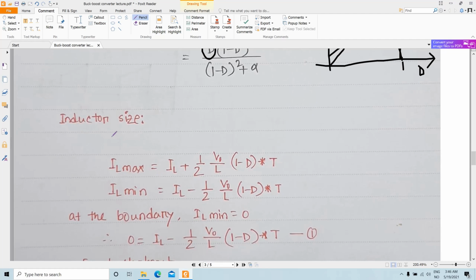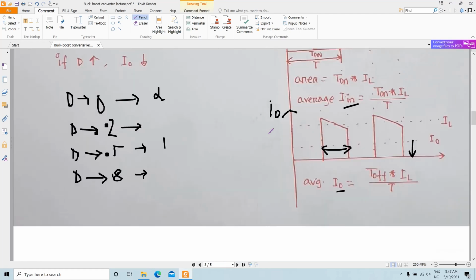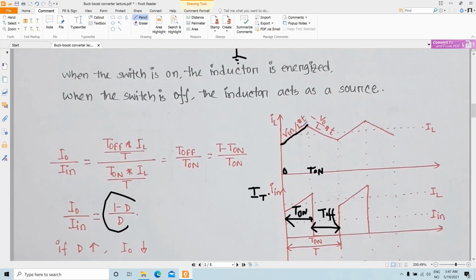Okay, so what should be the size of the inductor when you design your buck boost converter? The procedure is the same. We need to get the boundary condition, when our IL min, or the inductor current minimum, is 0. At the boundary, the rising slope depends on V in divided by L, and the falling slope depends on V out divided by L, and as you lower your L, the slope increases.